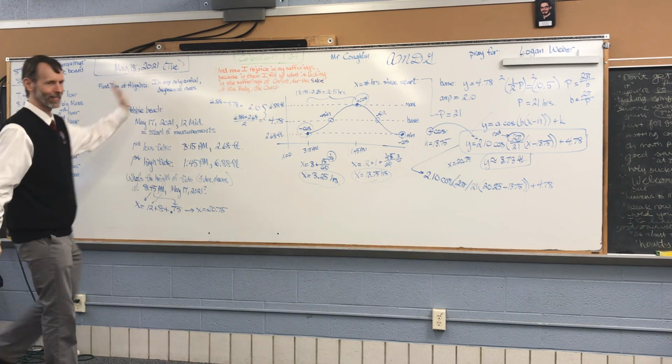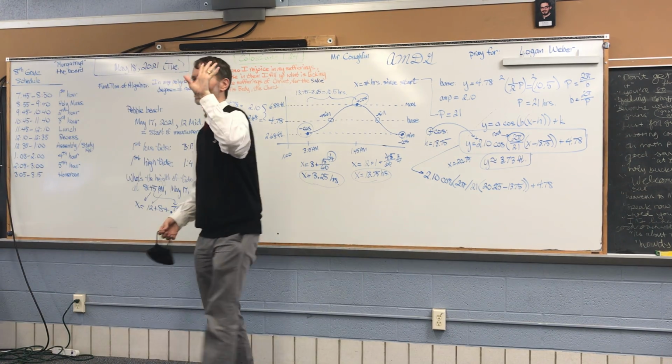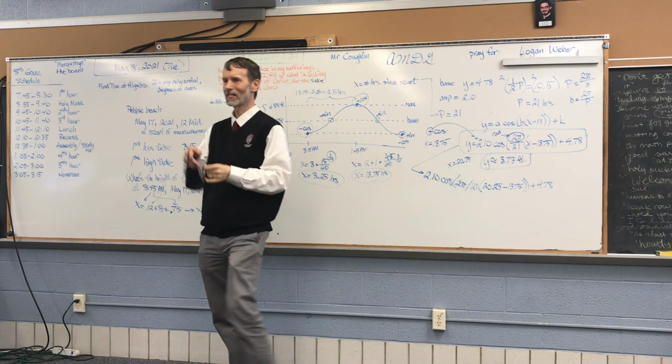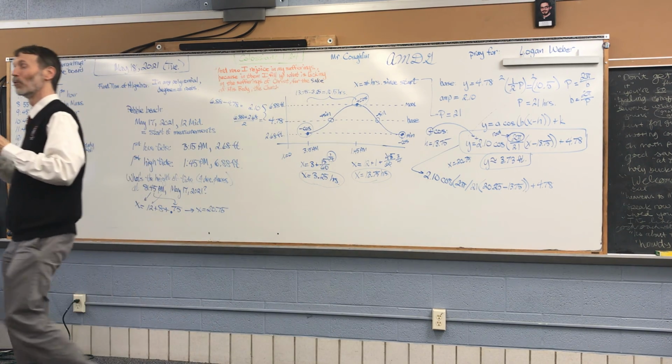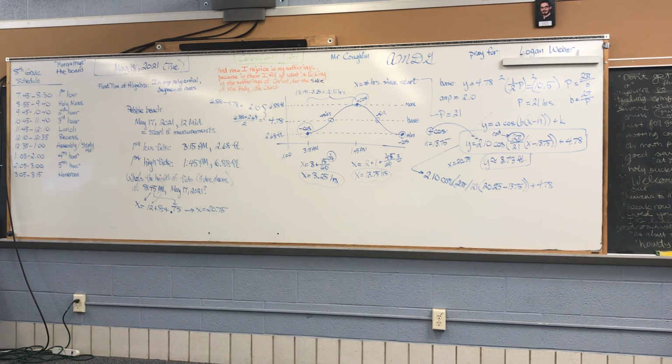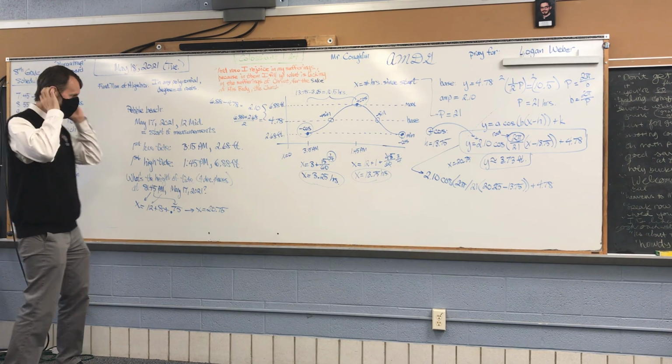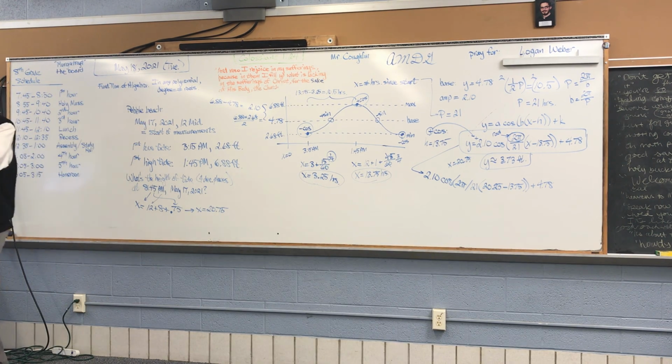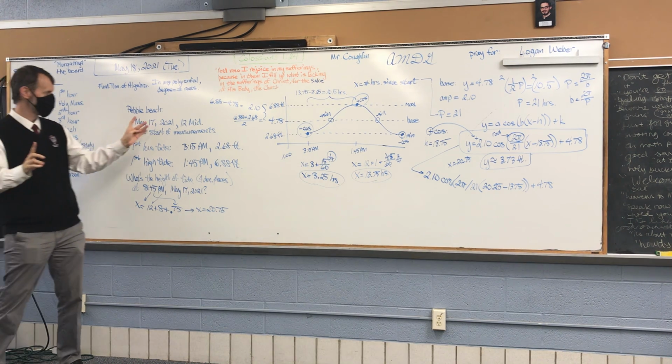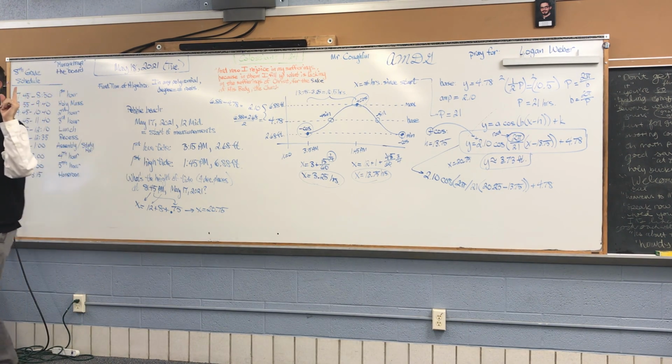How many days in a year? A typical year? 365, unless it's a leap year. You will have to pay attention to whether it's a leap year or not. In 2022 it is not. Only multiples of 4 are leap years. Now, if you have 365 days, how many hours is that?